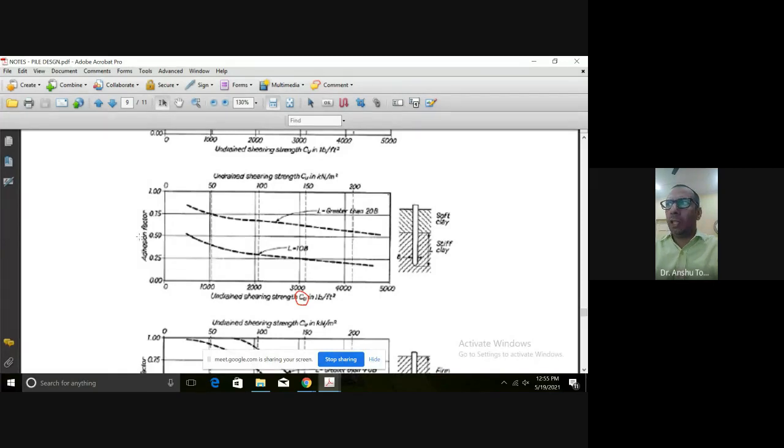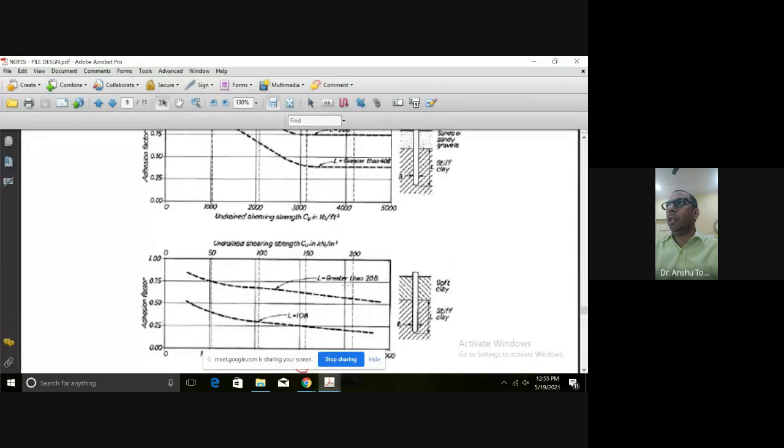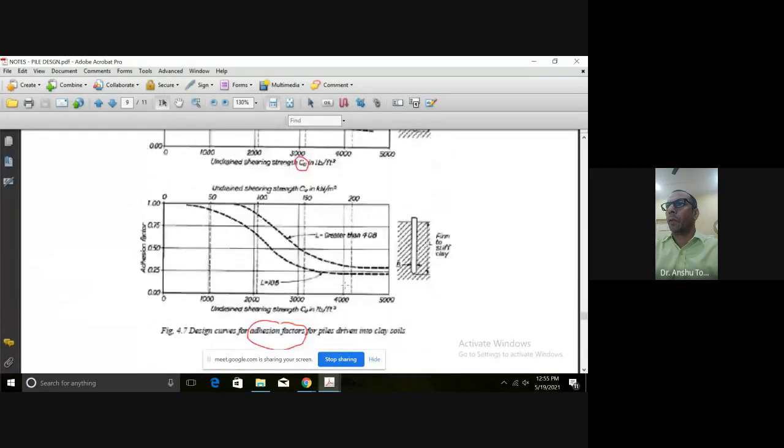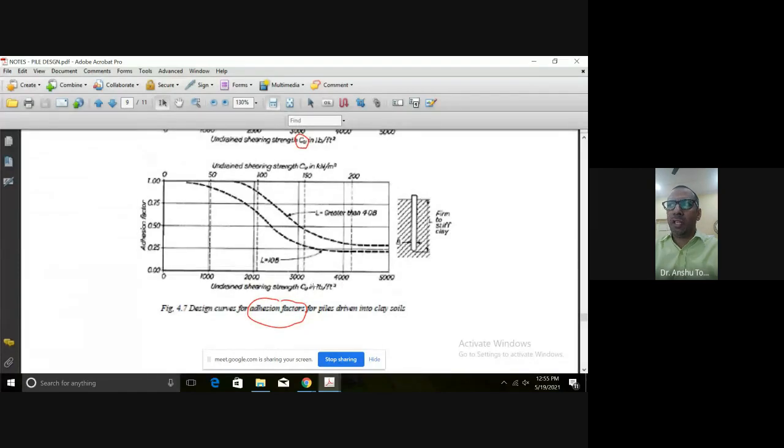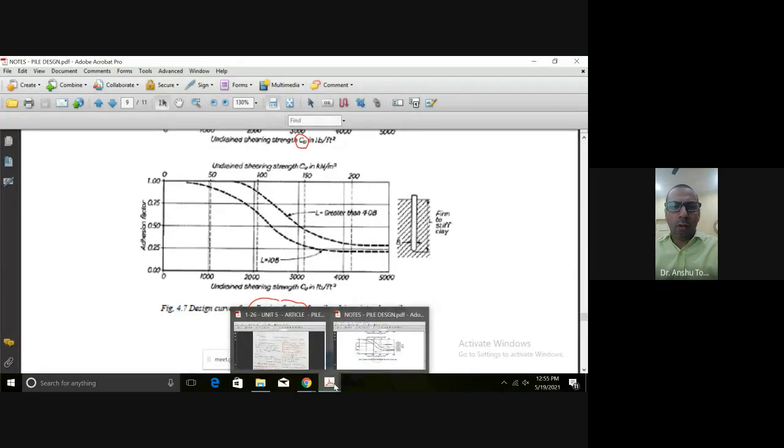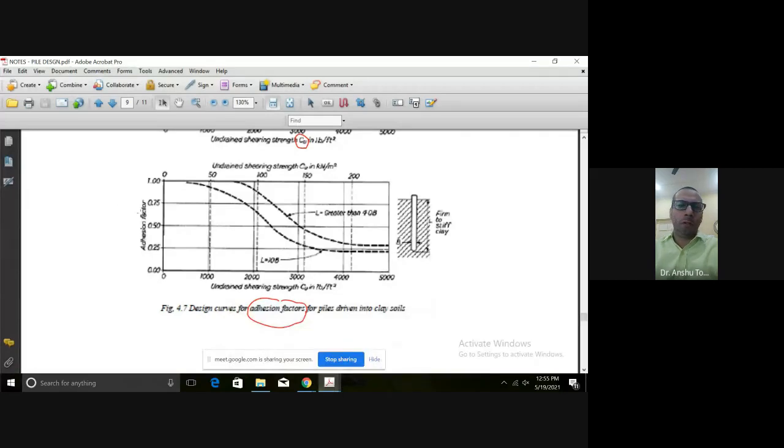One of the things should be known to you: either the adhesion factor or Cu, because if both are unknown, it is not possible to evaluate this. If you are manually calculating and evaluating Cu, as we did in the last-to-last numerical, then finding out Cu will give you the value of the adhesion factor.